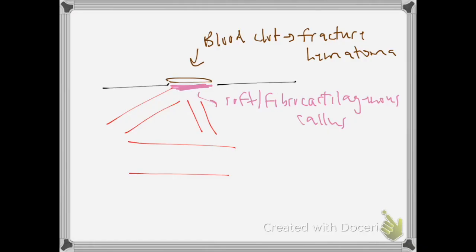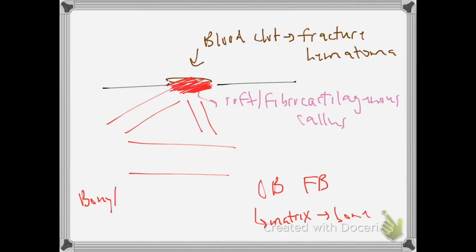These osteoblasts and fibroblasts can secrete matrix, and when that matrix gets secreted, it gets transformed into bone. If I put my osteoblasts and fibroblasts laying stuff down, I'll just put it as red. This is when we convert this granulation tissue into bone. This is now called a bony or a hard callus.